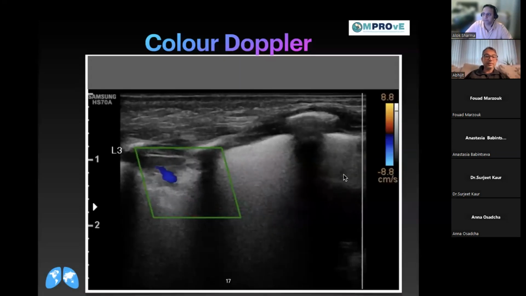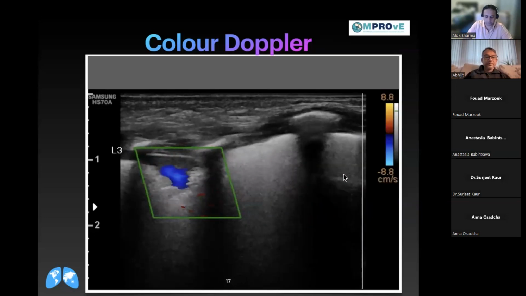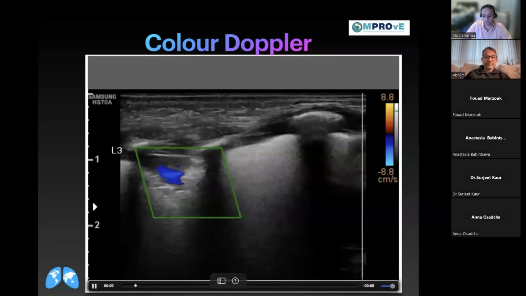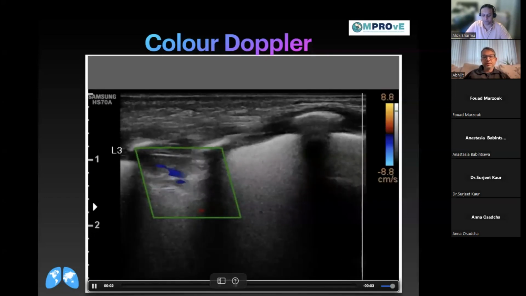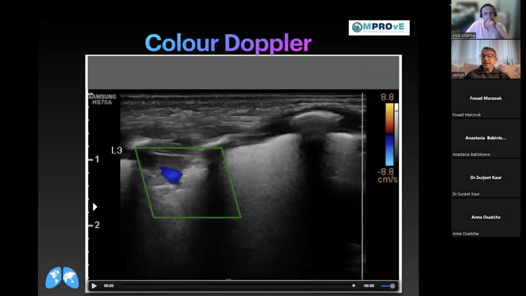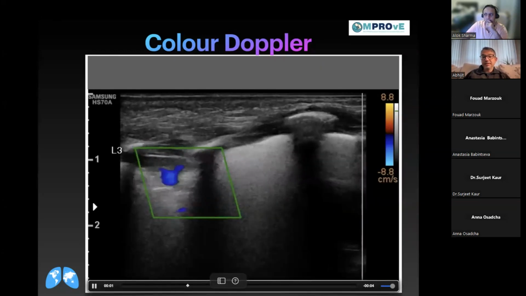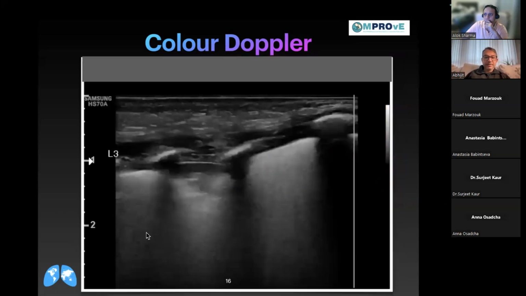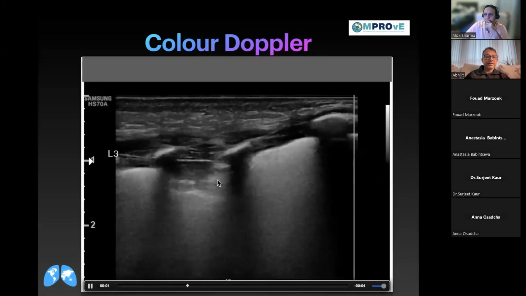So what do we do? We do the Doppler. And you can see a big throbbing vessel there, which clearly tells you there is something brewing up there. Although it's not a very clear fractal sign going on here.